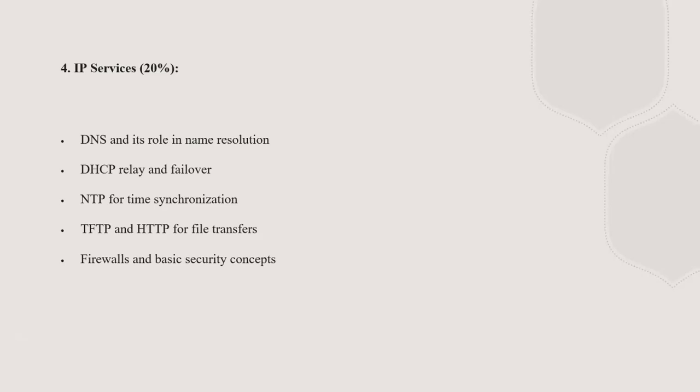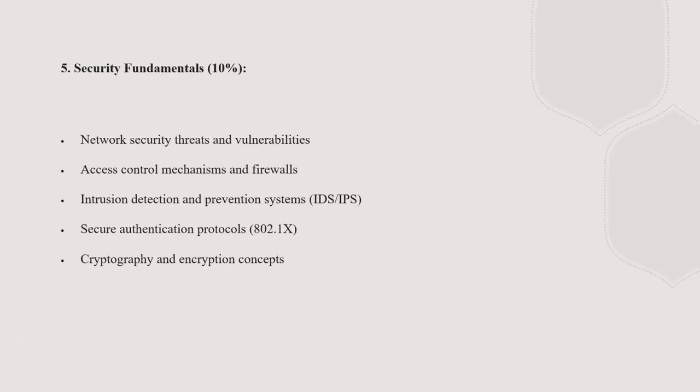Basically, it distributes IP addresses to the different computers in a network. NTP, network time protocol, for synchronization of your computers with the standard time. Then TFTP, trivial file transfer protocol, and HTTP, hypertext transfer protocol, for file transfer. And last but not least are firewalls and basic security concepts to block unwanted traffic.